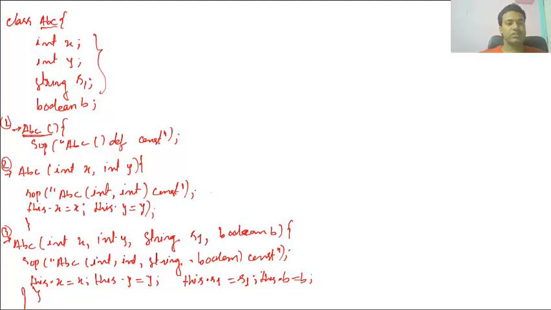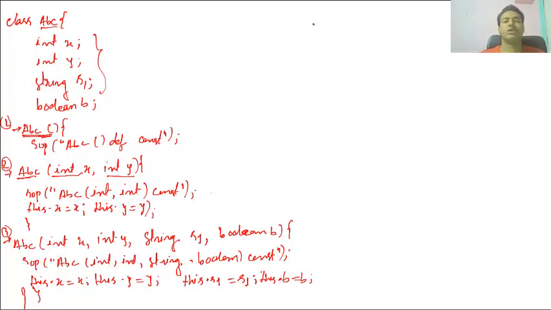But if I use this first one, the default constructor, to create the object, then the state of that object gets the default values: x default, y default, s1 default and b default. But if I use the second constructor, then x and y get initialized, but s1 and b remain uninitialized. If I use this 4 parameterized constructor, then all the 4 fields of the object get initialized when you create the object.